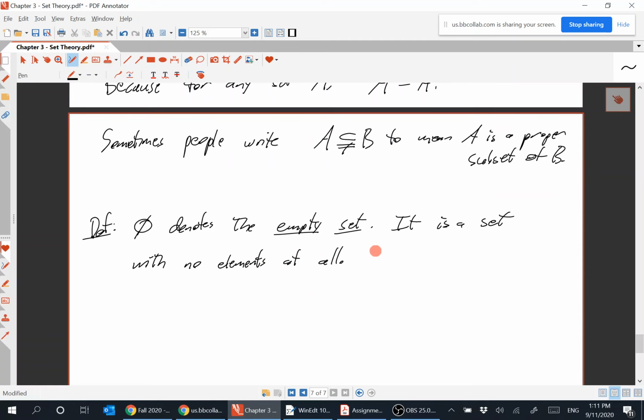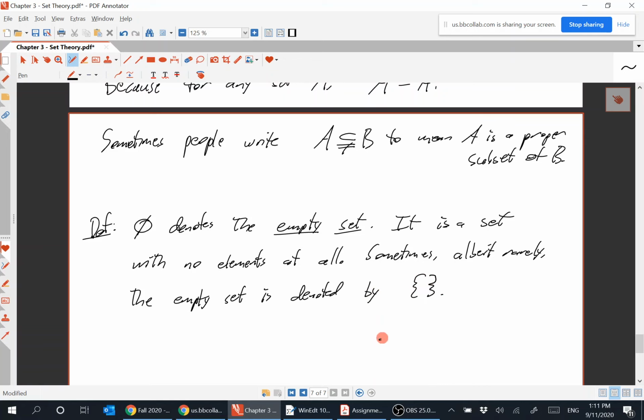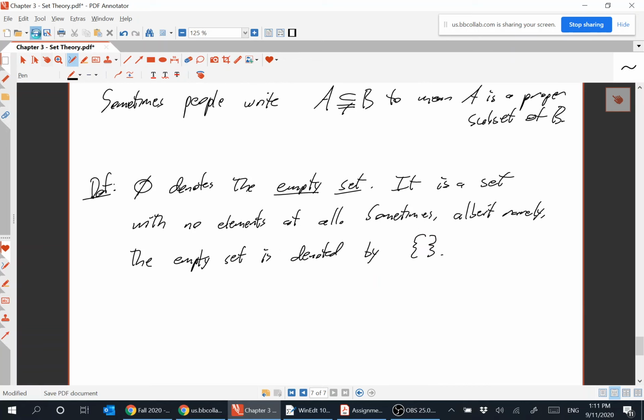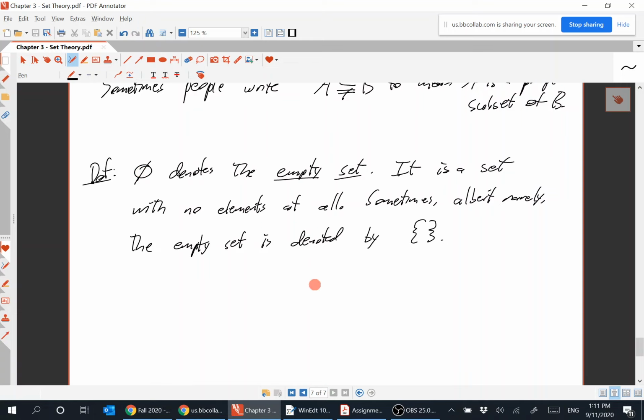Sometimes, albeit rarely, the empty set is denoted by something else. In computer science situations, people might write something like this to mean the empty set. But this is really traditional. Everybody uses this.